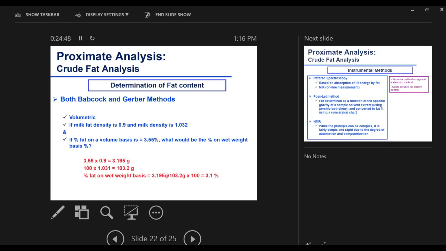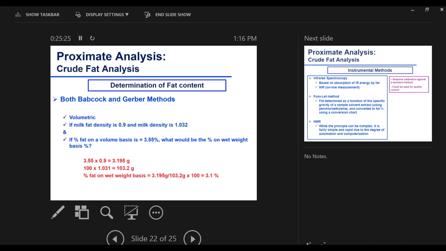So the way you do that is you convert volume to mass or weight using the density. Density is mass per volume. So the density for the fat is 0.9 grams per milliliter. Density equals mass over volume, so mass equals density times volume.